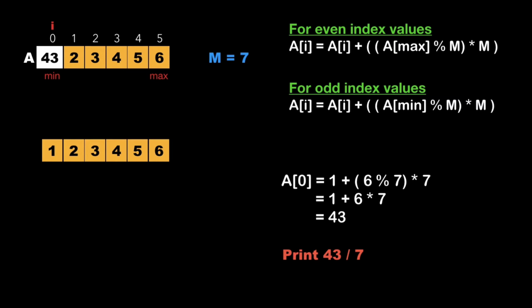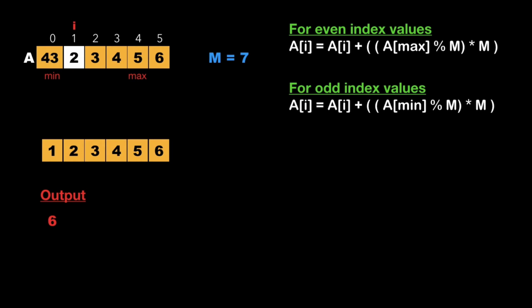As we have seen in the previous slide, if we want the first value, then we need to perform the mod operation, and if we want the second value, we need to perform the division operation. And since here we want the largest value first, therefore we print 43 divided by 7, which is 6. So the output will contain 6. And now we decrement the value of max and increment i.